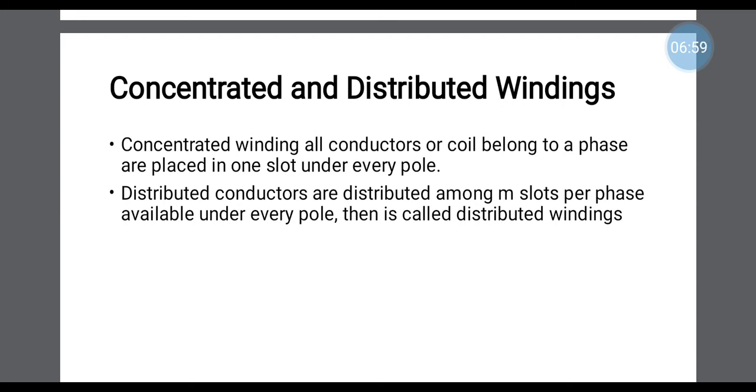In a three-phase alternator, we have seen there are three different sets of windings, one for each phase. So depending upon the total number of slots and the number of poles, we have a certain number of slots per phase available for each pole, right? So this we can call m. m is nothing but slots per pole per phase, that is equal to n divided by the number of phases.